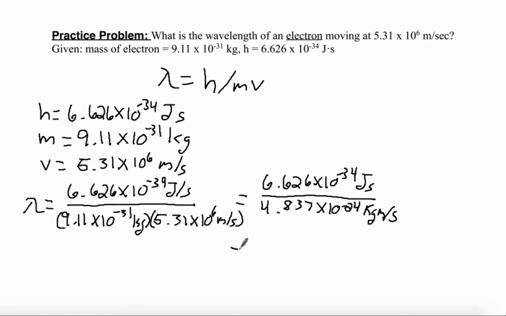Simplifying that even more, we get 1.369 times 10 to the negative 10 meters. So here is the wavelength of an electron moving at this velocity with this mass, and the mass of an electron is constant.